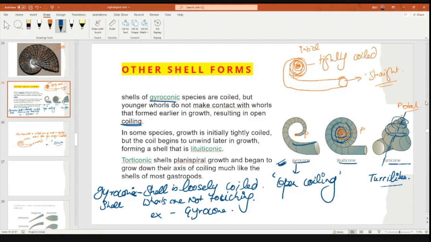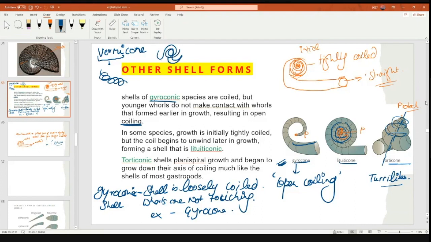And guys, vermicone, you heard something like vermicone. Vermi, you know what is vermi? Vermi is basically जो कीड़े होते हैं, right? Which is quite like this. So these are the vermicone, which is very irregularly coiled. Okay, the coiling is very much irregular.